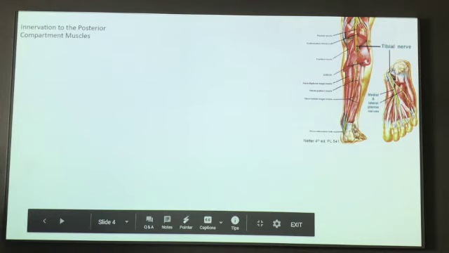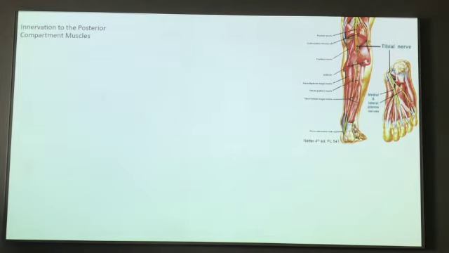So here's the innervation to the posterior component. Again, when we get into the foot and the ankle, we're going to go much more in depth and in detail with this. What I need to know here is that my tibial nerve, circle here, is going to give off a lot of branches which are going to supply the gastroc and the soleus.